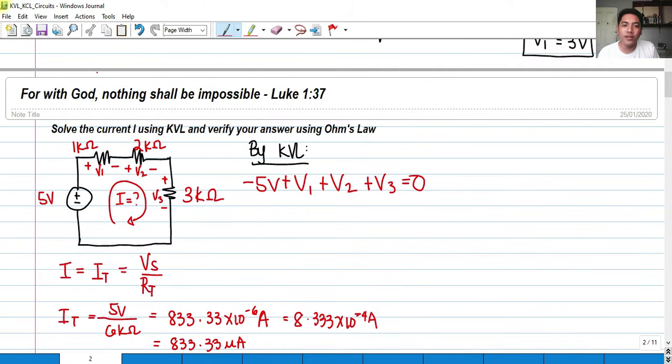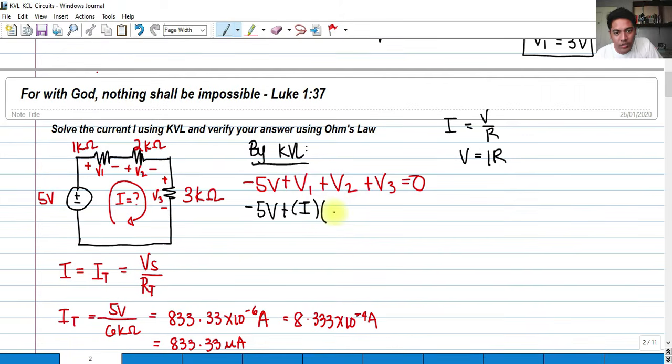So how do we find the current out of this KVL? By Ohm's law, we know that I is equal to V over R, and one of the formulas to get the voltage is V equals IR, and we can apply it on V sub 1 to change this into IR. So we have negative 5 volts plus I, the total current. The same current flows through resistor 1, resistor 2, and resistor 3 because they are connected in series.